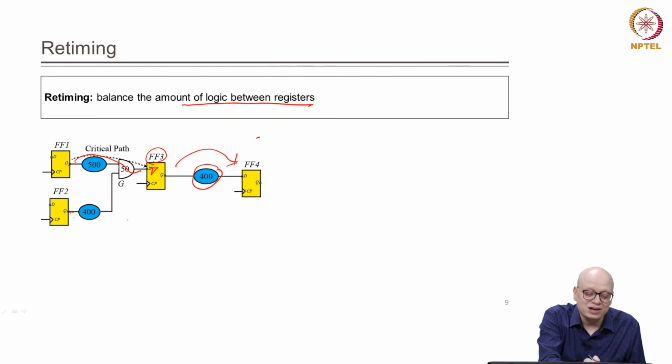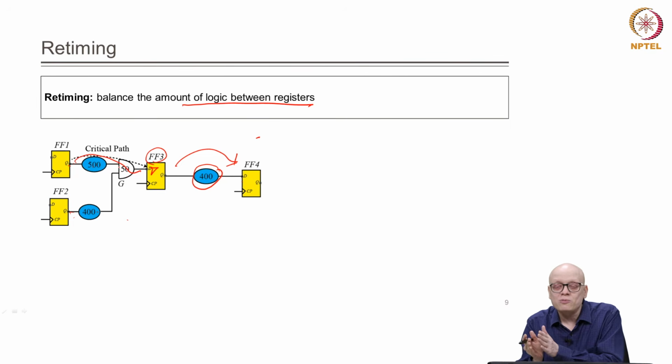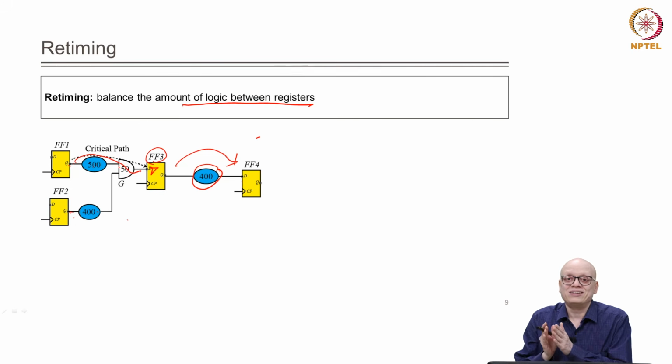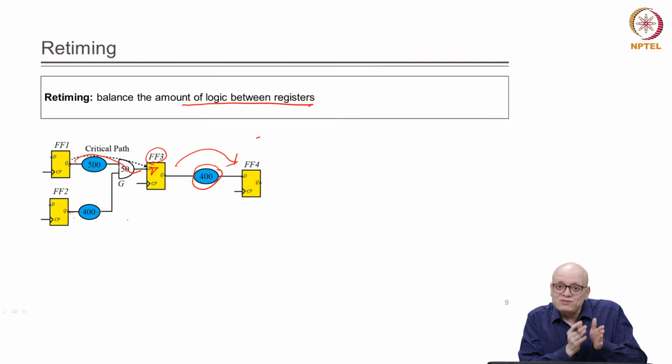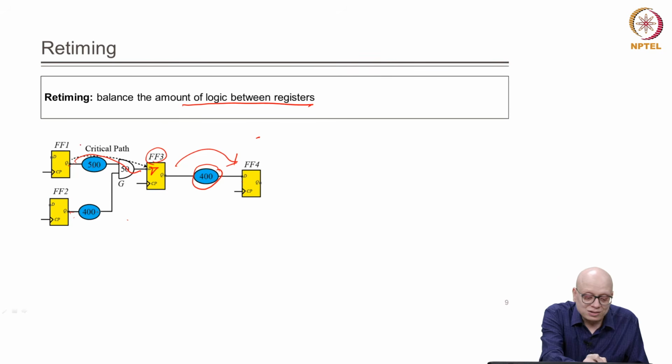Here we have a delay of 550, and on the other side of the flip flop, we have a delay of 400. So, there is some margin left on the other side. Can we shift some computation burden from this path on one side of FF3 to the other side?